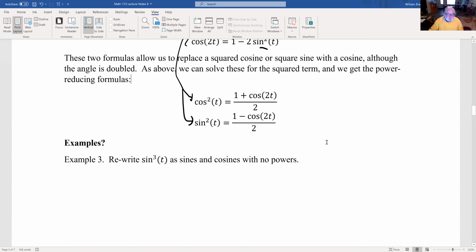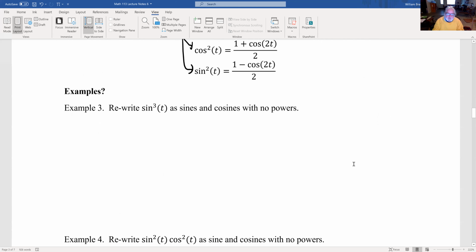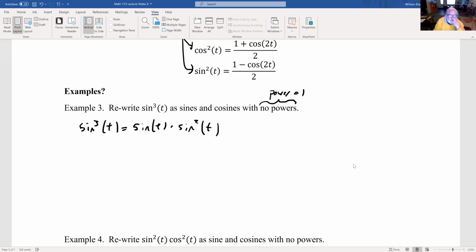So can we rewrite sine cubed t as sines and cosines with no powers? And this means, technically, actually, a power of 1. So sine cubed of t could be broken into sine of t times sine squared of t, because something cubed is something to the first times something squared.